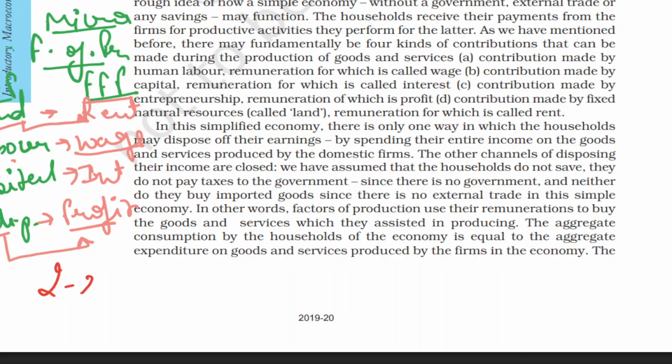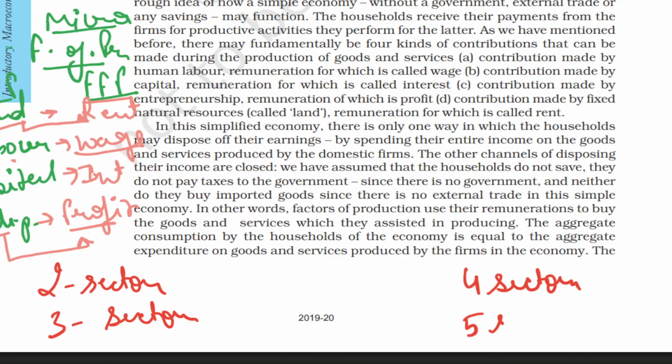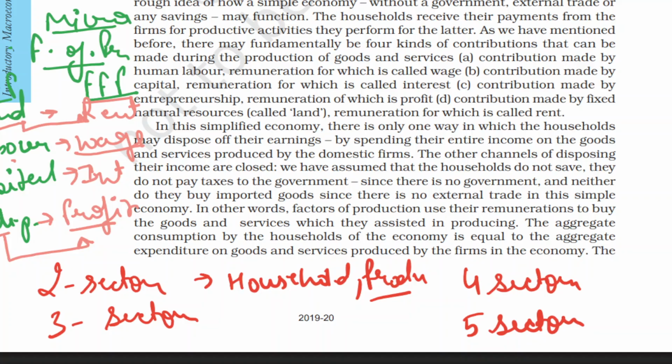We have a two sector economy, a three sector economy, a four sector economy, and a five sector economy. In a two sector economy we have household and production. Production can be termed as a firm also in your book. In a three sector economy these two are the same, household and production, plus we have government. In a four sector economy all three, household, production and government, plus the external world.